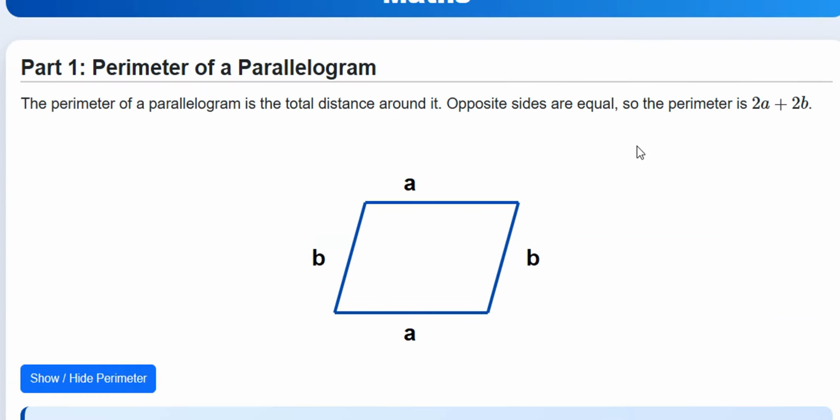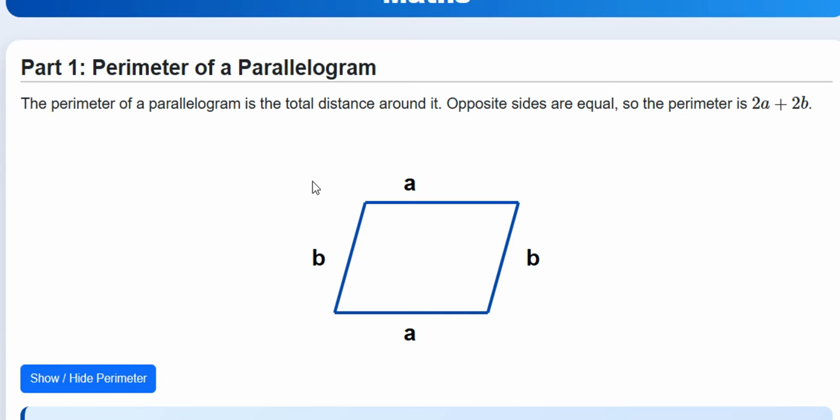But you see, A plus A is 2A, then B plus B is 2B. So that's why I say the perimeter of a parallelogram is 2A plus 2B.